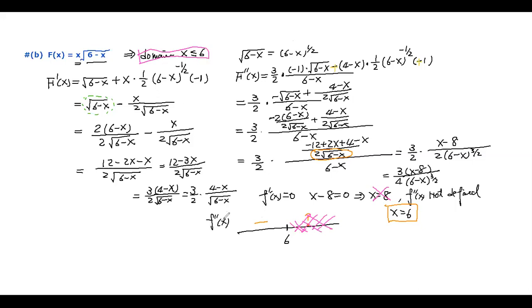So f double prime x, when x is less than 6, this side is negative. So that means what I have here is concave down, right? So this is my original function, concave down. So that's why we said, this one's here. So this is concave down.